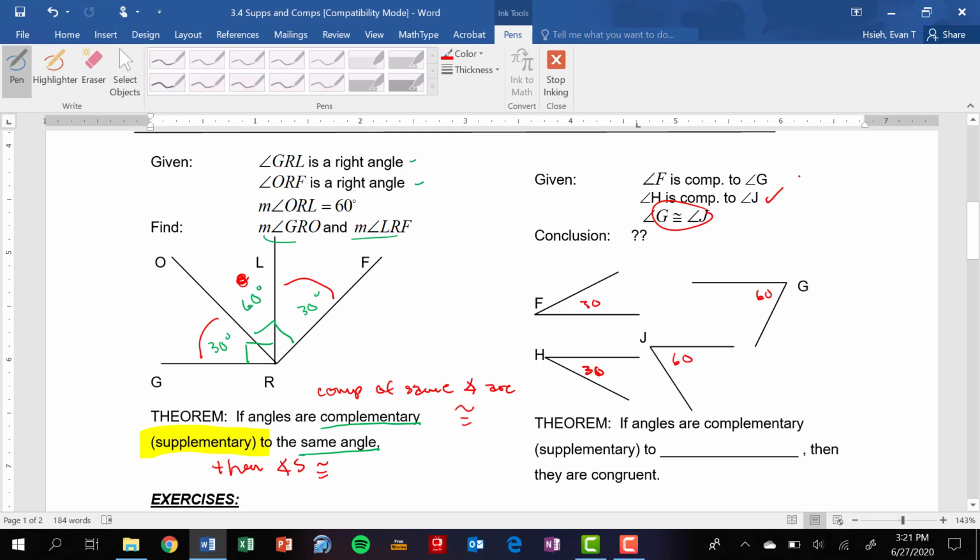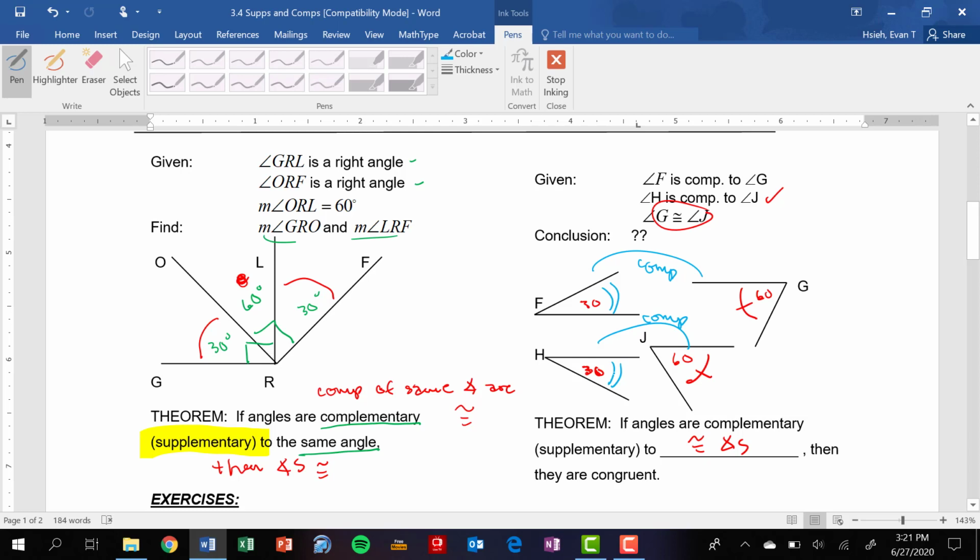So if angles are complementary to congruent angles, then they are congruent. In this case, these angles were congruent to each other, and these are complementary, and these are complementary, so therefore these have to be congruent to each other. They're both going to be 30.